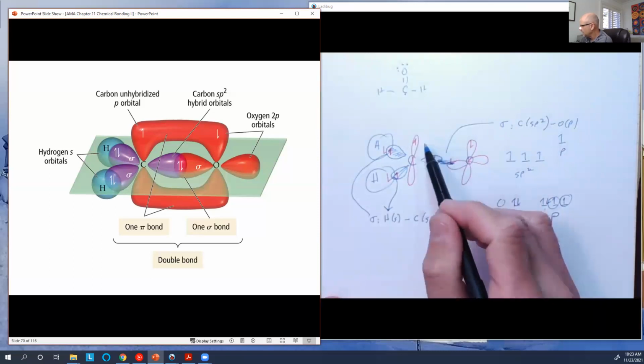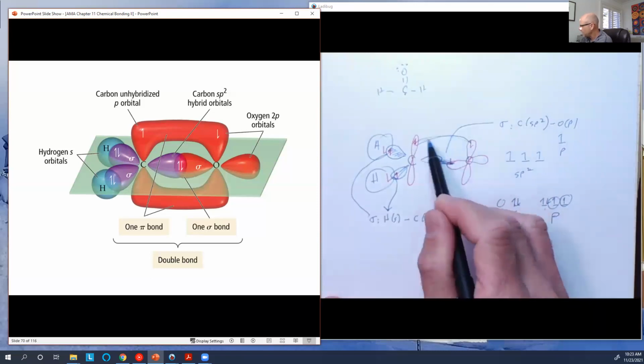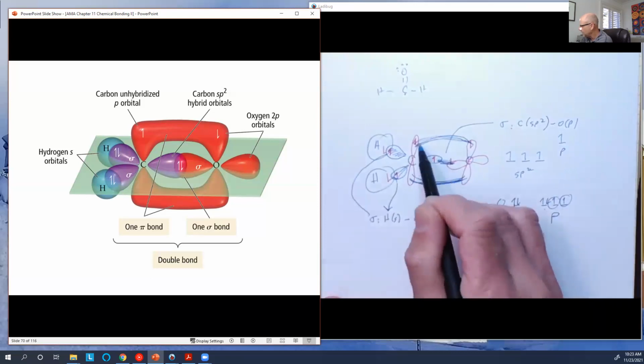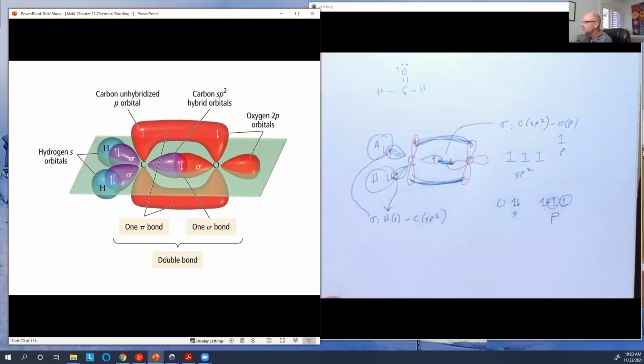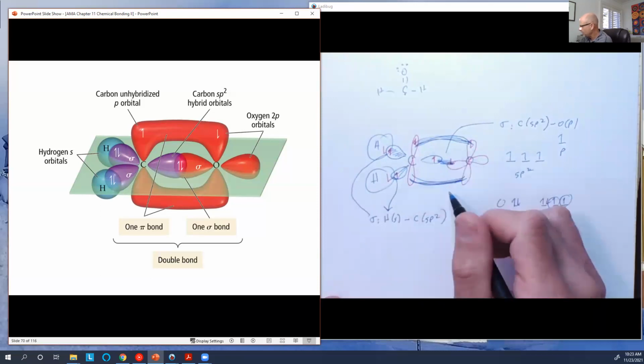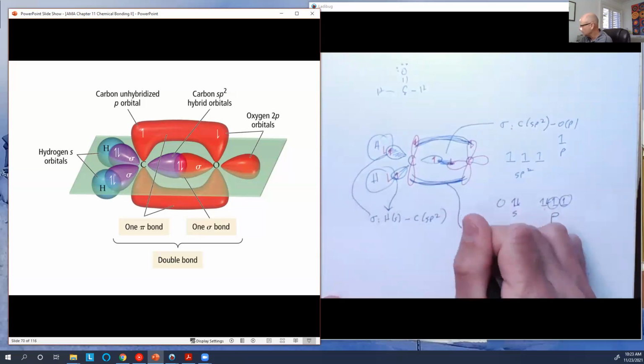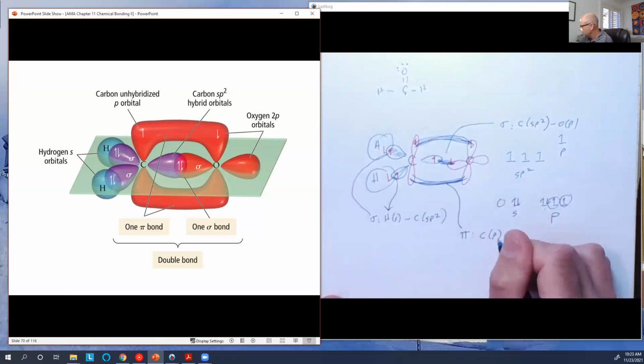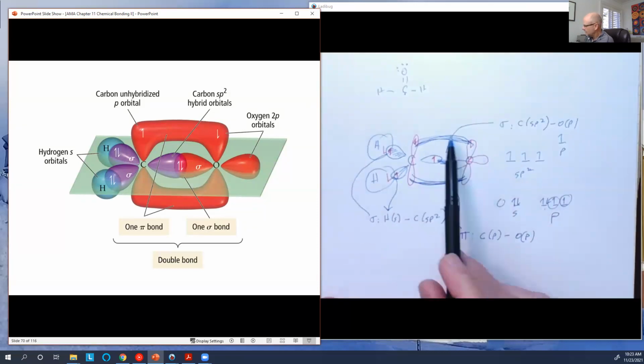And then this new type of bond, which is side-by-side overlap between the p orbitals, and that type of bond, we're going to call a pi bond. So that's going to be pi carbon p overlapping with oxygen p. And this is sort of our full valence bond picture of this molecule.